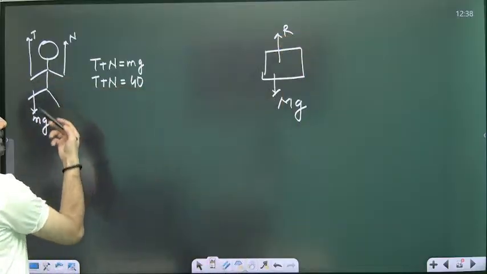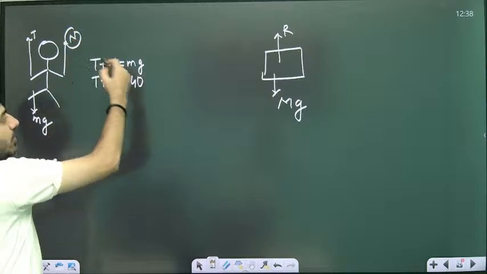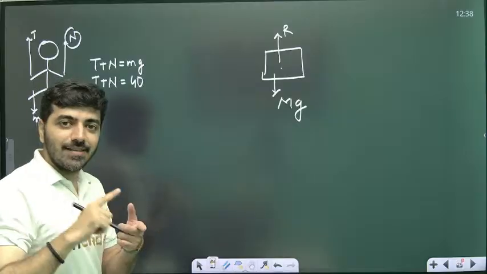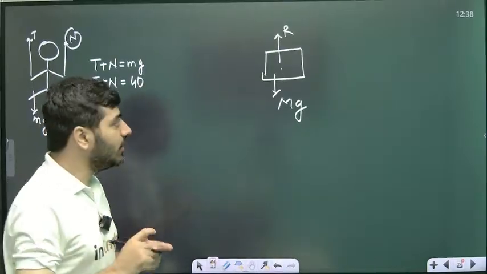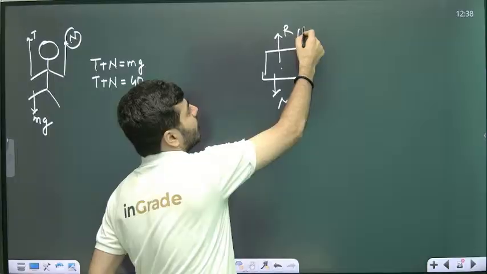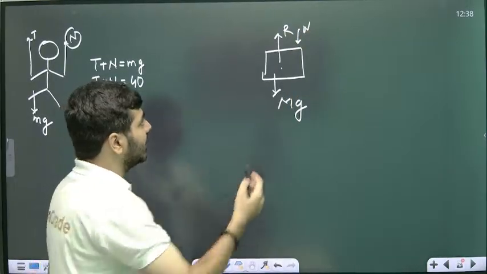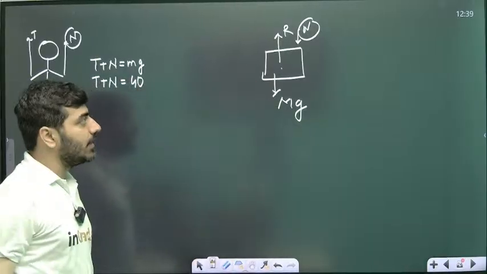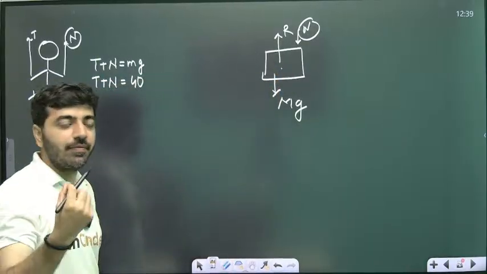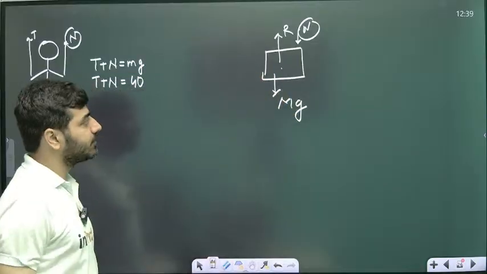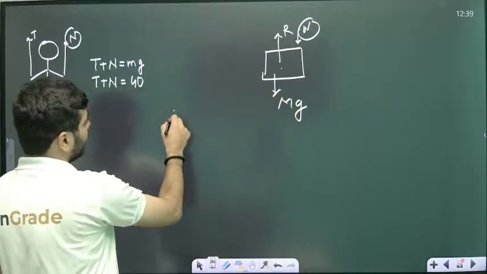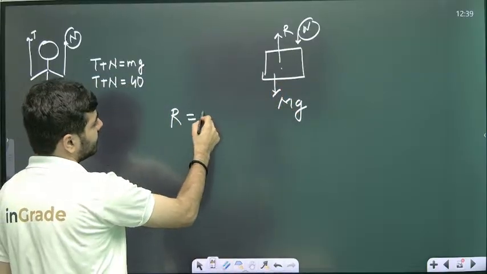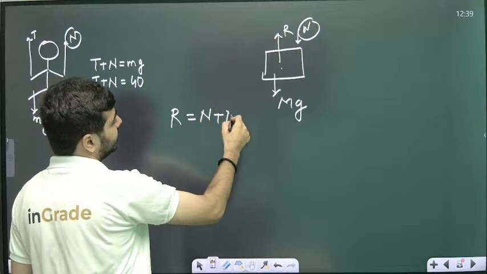Because of the boy's mass, a reaction force N also acts, as the boy is pressing on the wooden block. This N is the reaction force between the boy and the block, and this R is the reaction force between the floor and the wooden block. Now balance the equation. R, because N and Mg are in the same direction, equals N plus Mg.